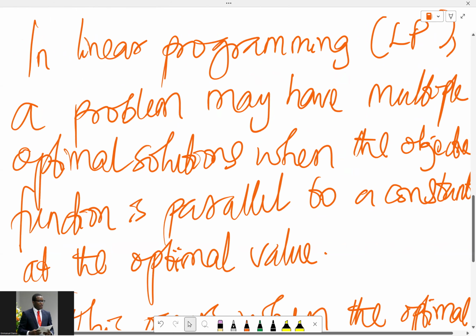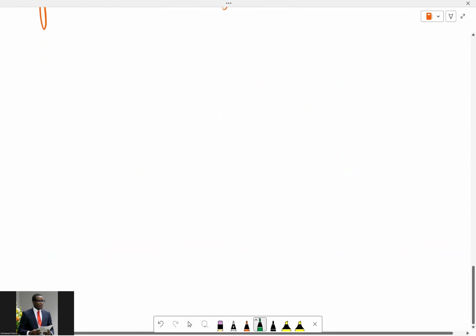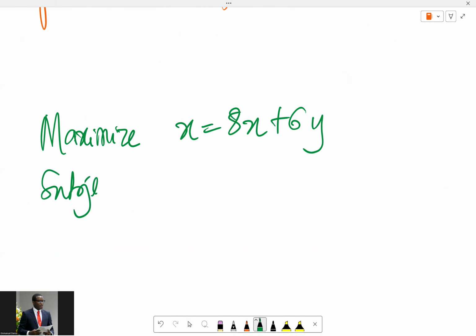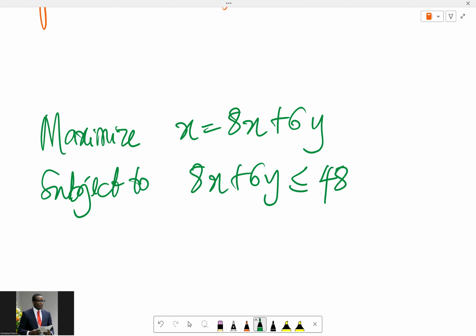I'll give one example to demonstrate this reality, and that is this. We have this problem: maximize Z equals 8x plus 6y, subject to 8x plus 6y less than or equal to 48.